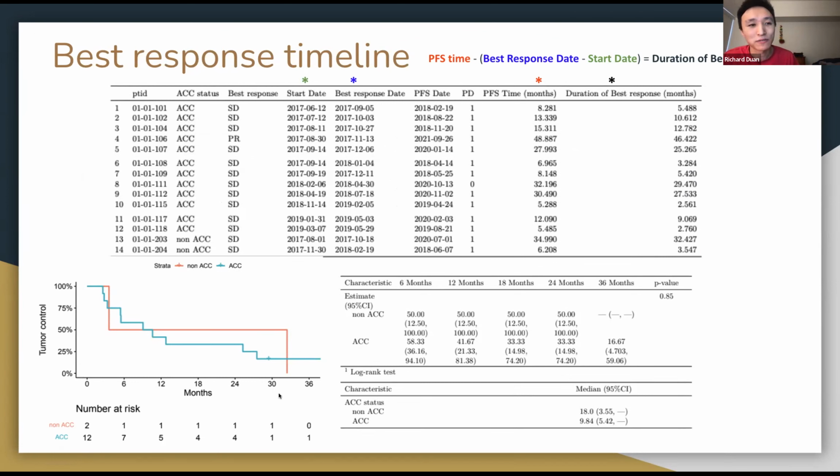And that's what the graph looks like, the Kaplan-Meier curve in the bottom left. No significant difference, but yeah, that's what they included. Tumor control. PFS time minus best response.